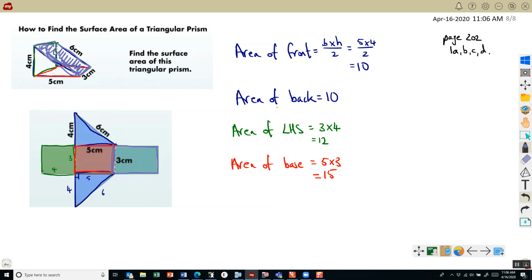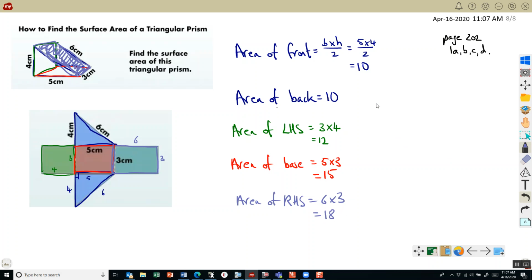Shade the whole thing in. So what is the length of this side? Well, it's 3. What is the width? It is 6. I can see it is 6. So the area of the right-hand side, it's a rectangle again, 6 times 3, which is 18.